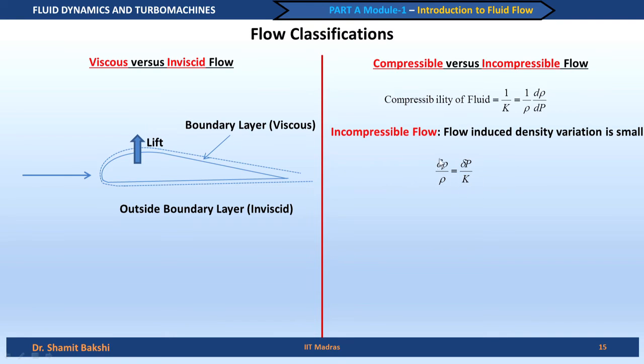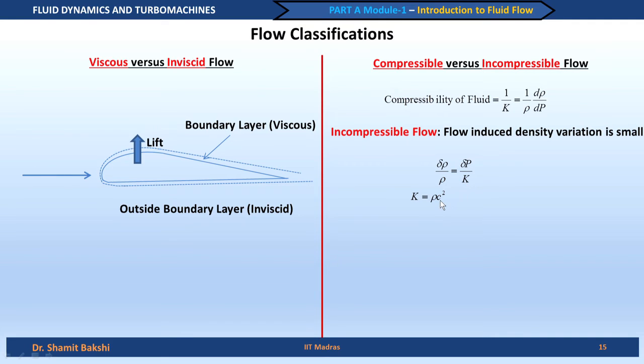That means any change in density is due to a change in pressure, and this change in density and pressure are related through this expression. Now, bulk modulus can also be related to the velocity of sound through that fluid.